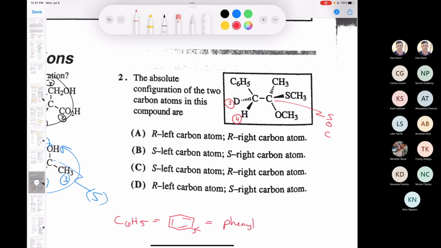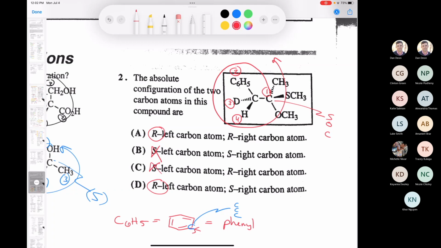So what we're saying is, what is this carbon attached to? That carbon is attached to carbon, carbon, carbon. And therefore, this carbon would be the first highest priority, and this would be the second highest priority. So we're going from 1 to 2 to 3, which is counterclockwise, but the hydrogen's coming out in front. So instead of S, this must be R. So the answer is either A or D.